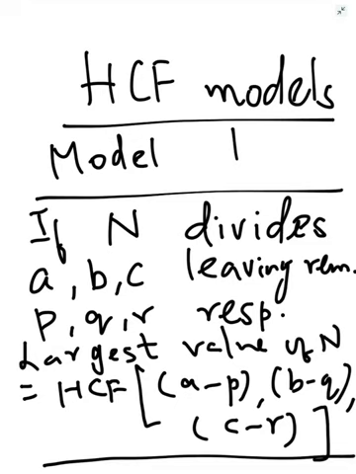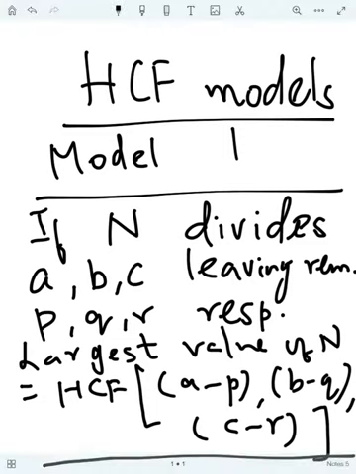We don't have to take the HCF of A, B, C. First subtract the remainders, A minus P, B minus Q and C minus R. Then take the HCF of the remaining numbers. That will be the largest value possible of n.